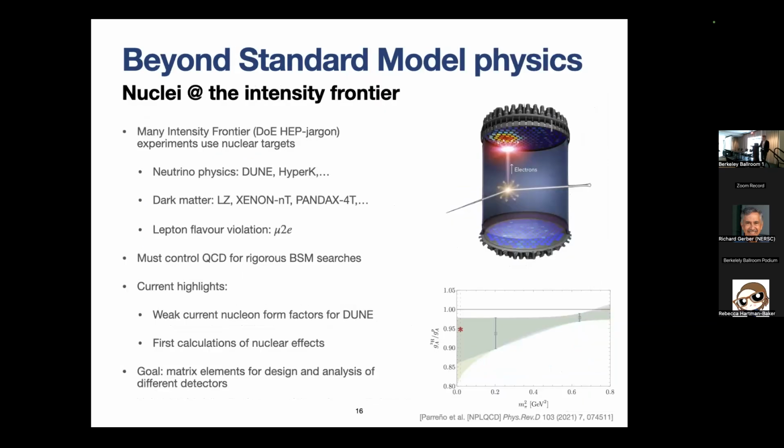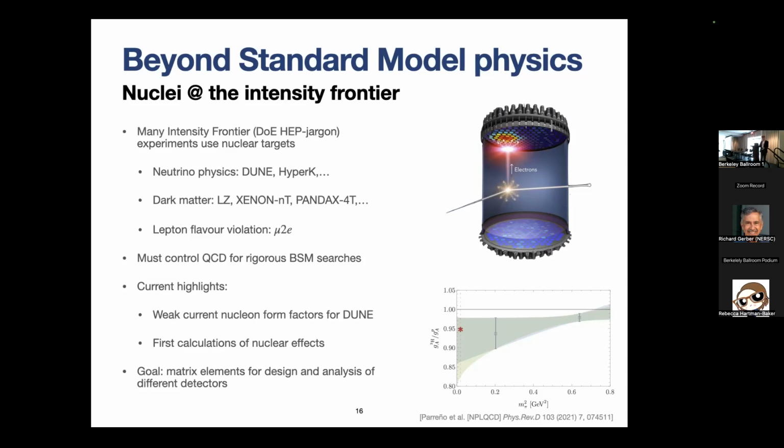Nuclei are also used at the so-called intensity frontier, and this is really DOE HEP jargon for experiments that use basically the large mass of a system and very intense beams in order to have cross-sections for things that don't happen very frequently. So for example, in neutrino physics, neutrinos very much like to travel through everything they can.